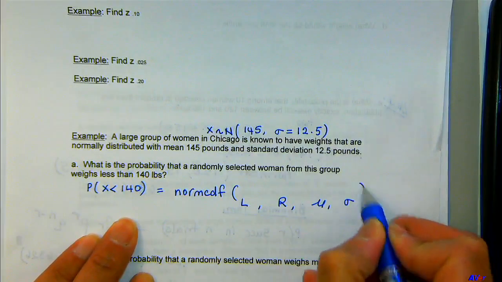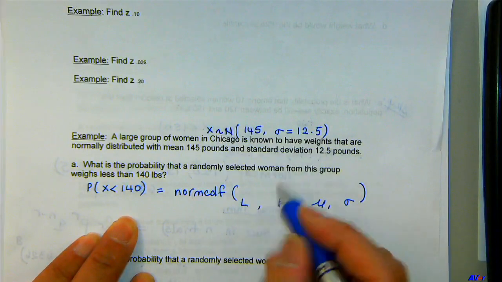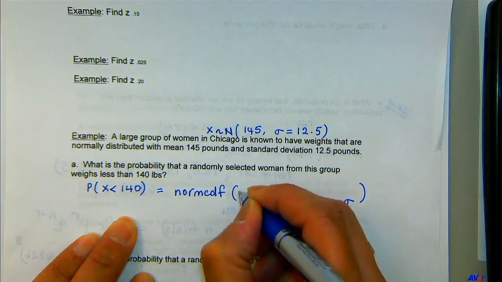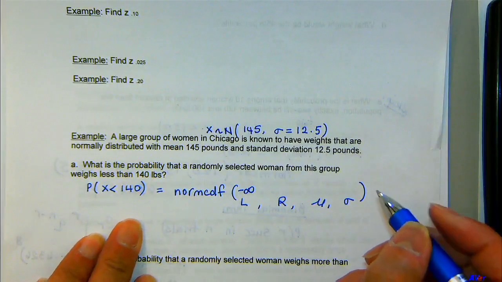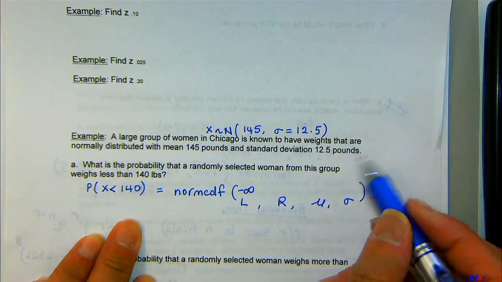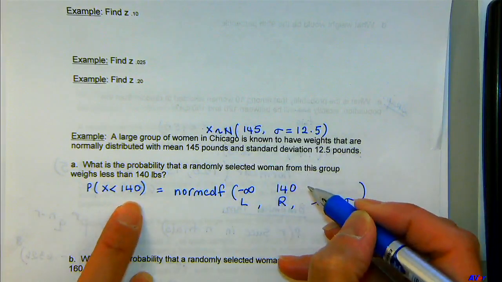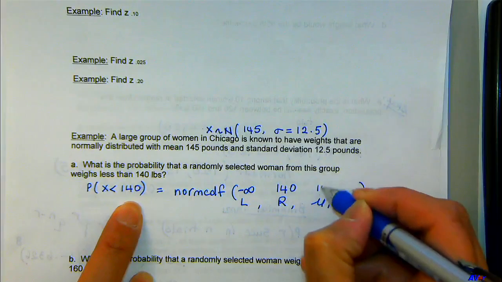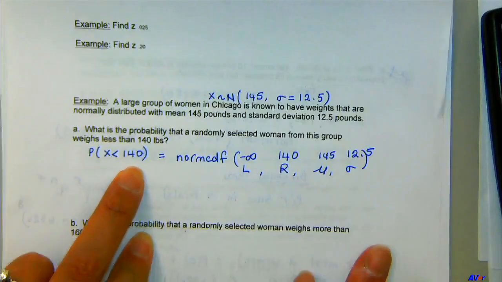Wouldn't left be just a large number because it's dealing with less than 140 pounds? It would be large negative, right? Minus infinity. Choose any negative large number, minus 1,000, let's say, all the way to 140. So this is the right endpoint, in other words. Mu is 145, and sigma is 12.5. And I'm done. Get it?